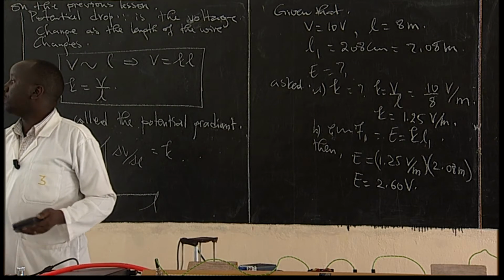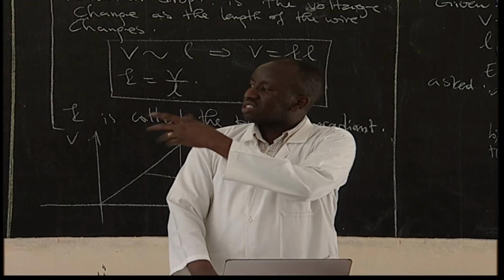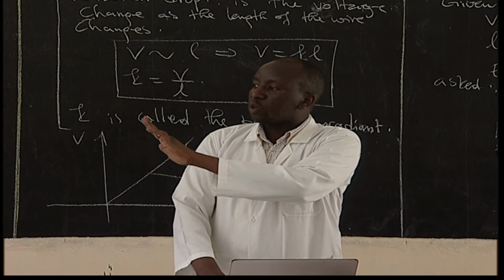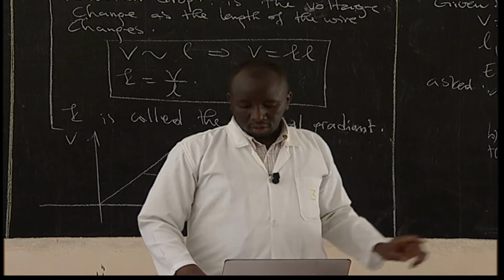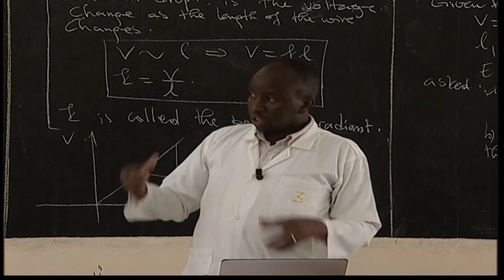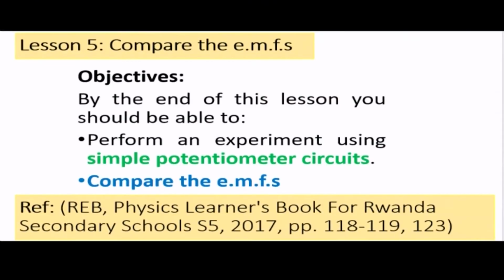Now let's move on to what we have now to see. That is the answer, of course. Don't mind about it, but we have solved the answer there. Okay. So let's move on to this next point. So now in today's point, I want you to compare the electromotive forces.